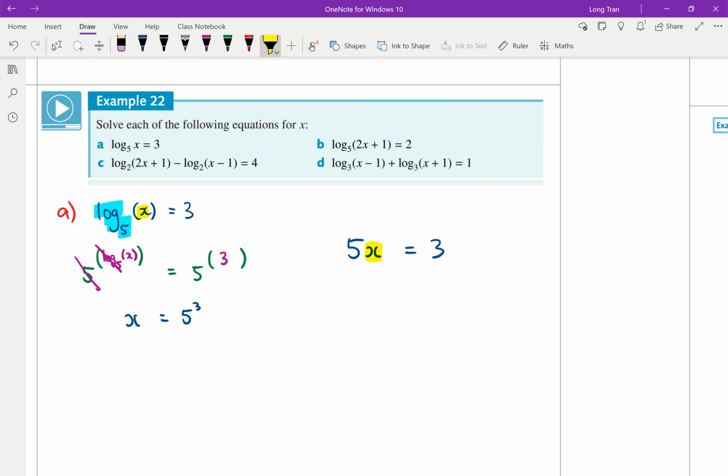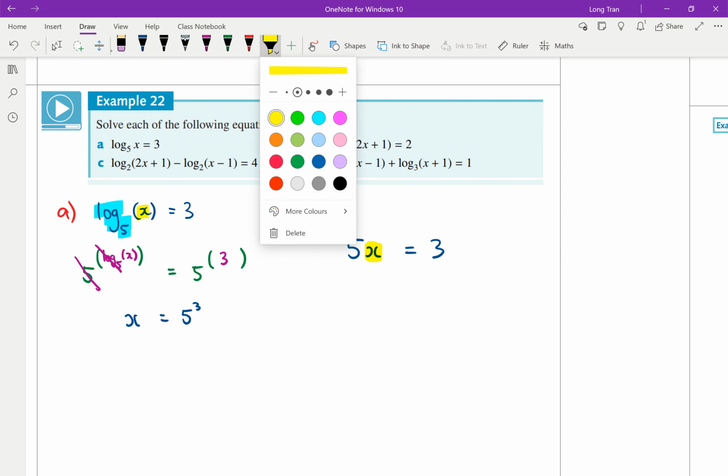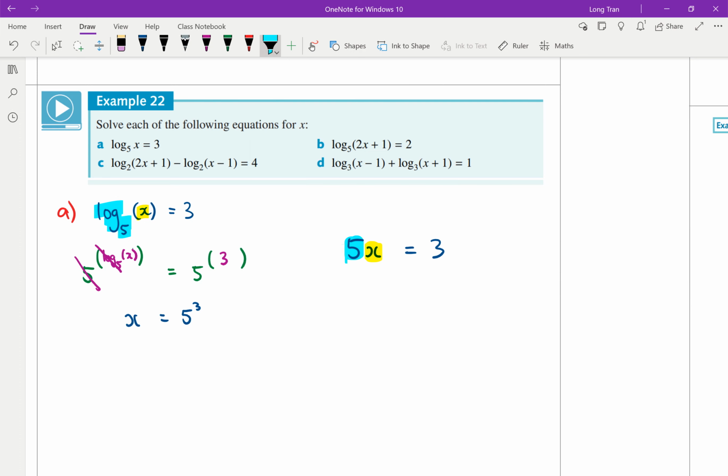You would have said to find x, you need to get rid of this 5, and you would get rid of that 5 by saying, let's divide both sides by 5. True? Why did you divide by 5? What you did here was you're saying division is the opposite of times. That's why you divide both sides by 5. Now, I haven't done anything different. The opposite of log base 5 is the inverse, which is 5 to the power of log base 5.